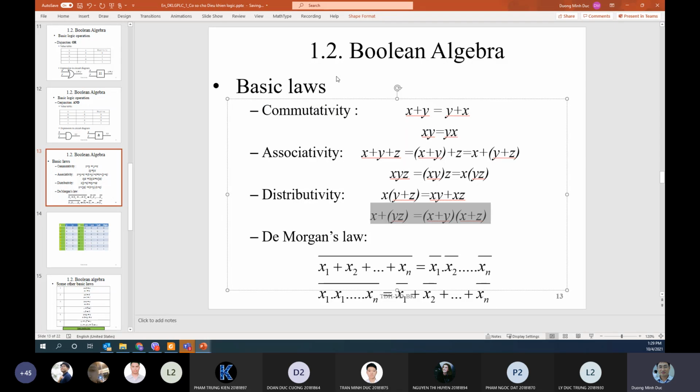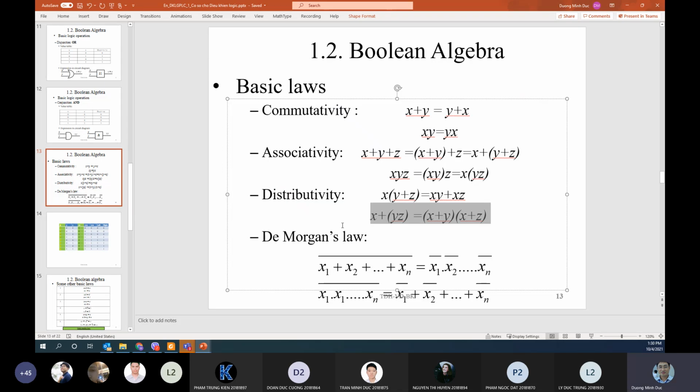And different from normal algebra, for Boolean algebra we have the distributivity of the disjunction over conjunction. Okay. So it's very interesting. I like this. It's like a symmetry.